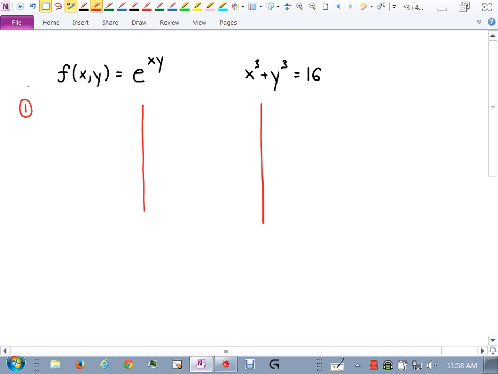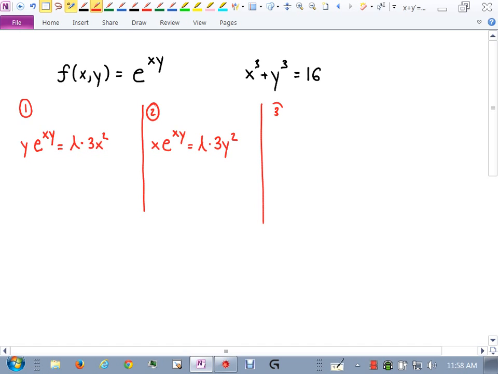What's my first equation? y e to the xy equals lambda times 3x squared. Next one, x e to the xy equals lambda times 3y squared.